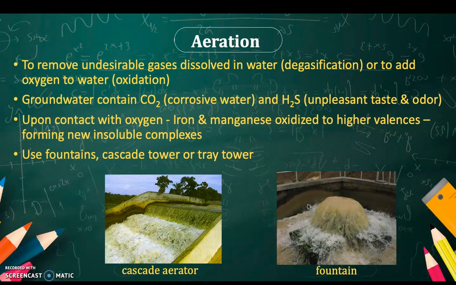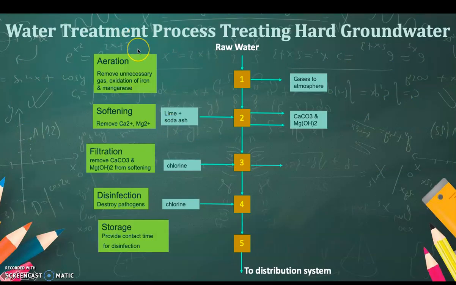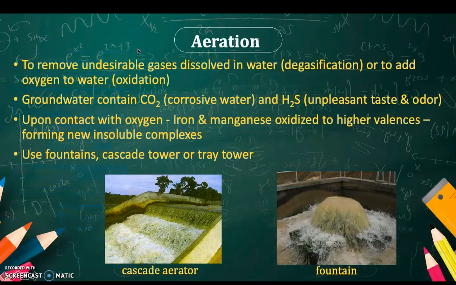So we go to the first process, which is aeration. You see here in the groundwater, we have aeration. Why is aeration important? It is to remove undesirable gases dissolved in water, meaning degasification. Because our groundwater contains carbon dioxide, it is corrosive water, and sometimes also contains hydrogen sulfide.